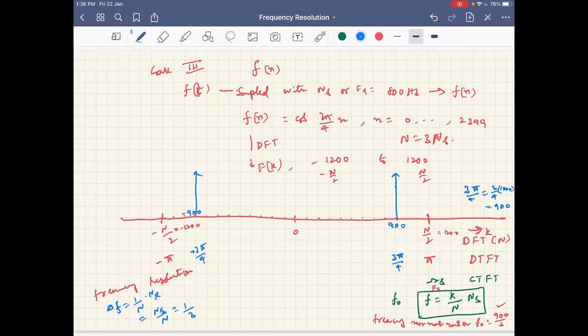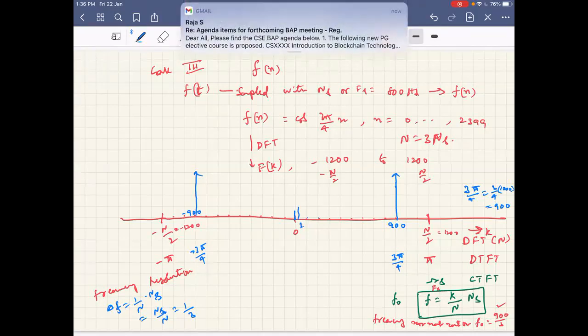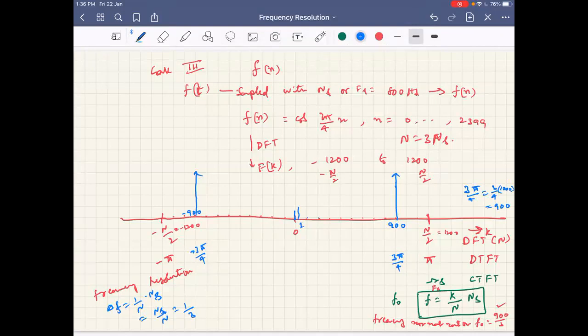It means we will be able to distinguish, even if f of n has two frequencies with 1/3 frequency difference, still we will be able to distinguish in the DFT, because we have taken a DFT with large samples. So 1 unit in the k axis is equal to 1 by 3 Hz. So this frequency resolution is better.